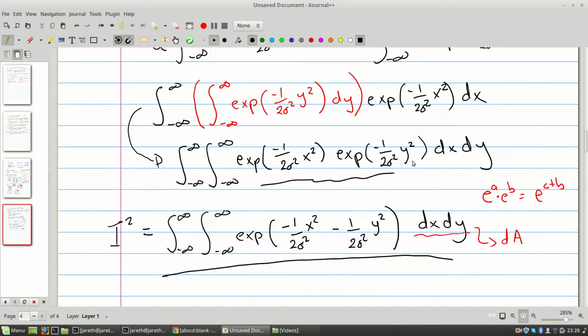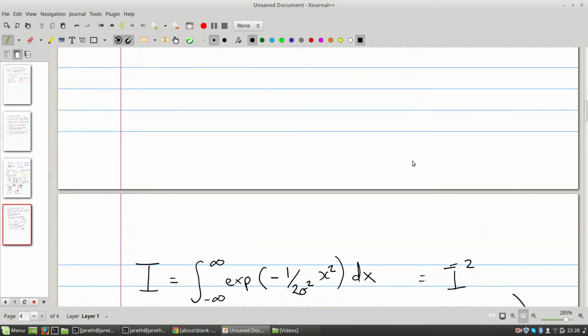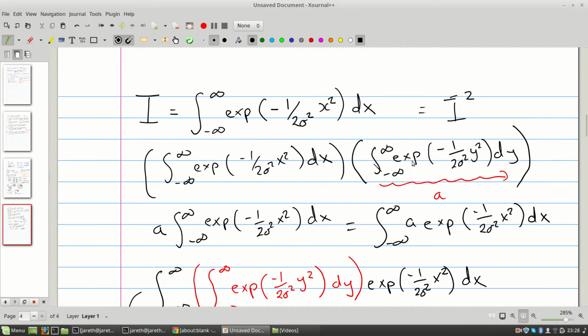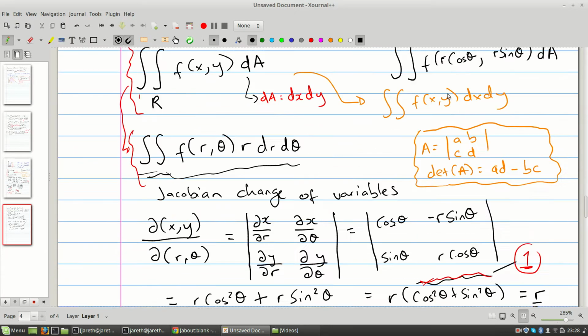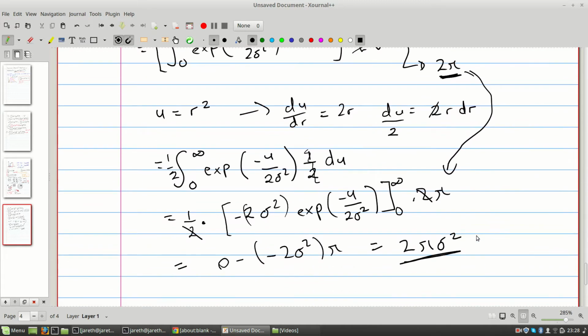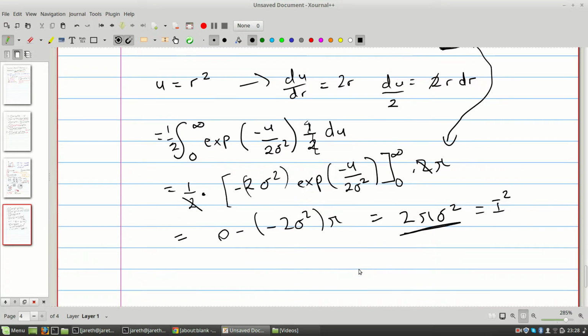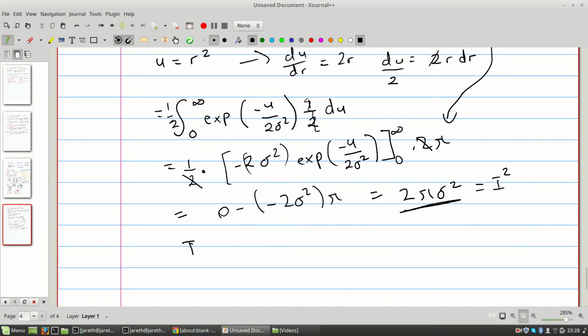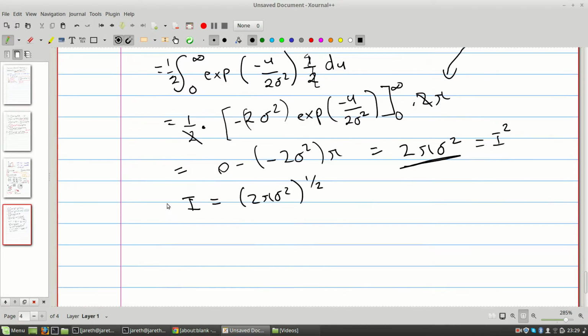But we had made an initial expression where we were assigning this to I squared, right? So 2 pi sigma squared here is equal to I squared, which means that I is equal to 2 pi sigma squared to the power of 1 over 2. That's what I is in this case.